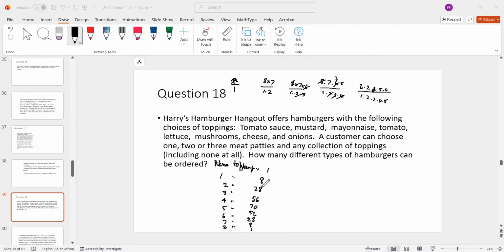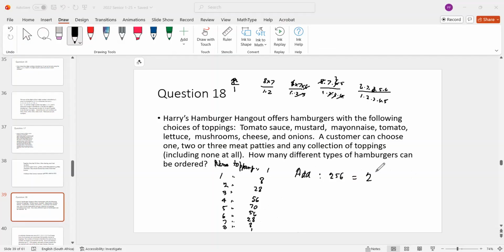When you add 9 plus 28, 37, 37 plus 56 is 93, plus 70 is 163, plus 56 is 219, 247, 255, 256. So there are 256 altogether.